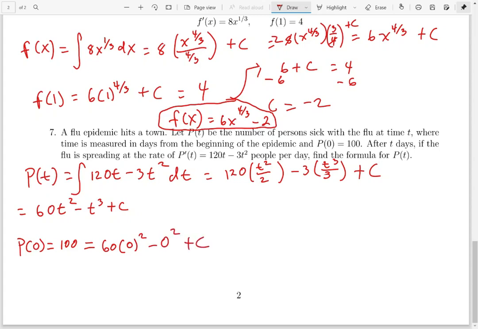Excuse me, that's not squared, that should be a cubed. And so then c is equal to 100. So c is equal to 100, which means that my function P of t is specifically 60t squared minus t cubed plus 100.